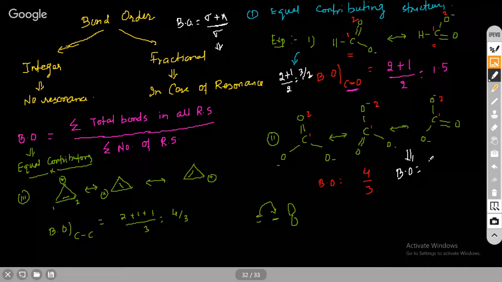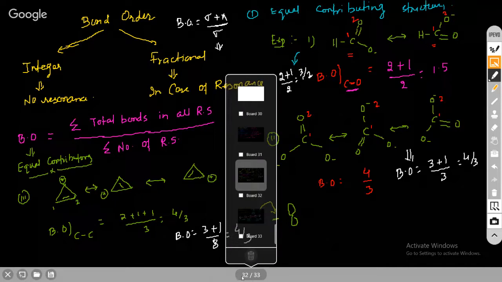So 3 sigma and 1 pi divided by the number of sigma 3, so 4 by 3. Here again 3 sigma and 1 pi, so 4 by 3. Again 3 sigma and 1 pi by 3, so 4 by 3. So with this formula you can calculate directly. You don't have to draw the resonating structures.